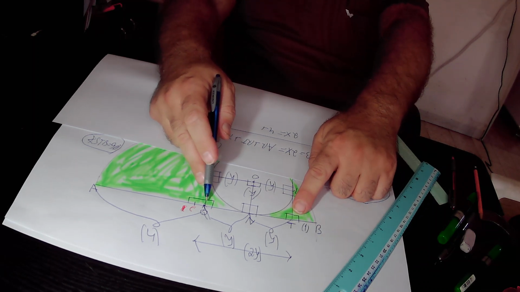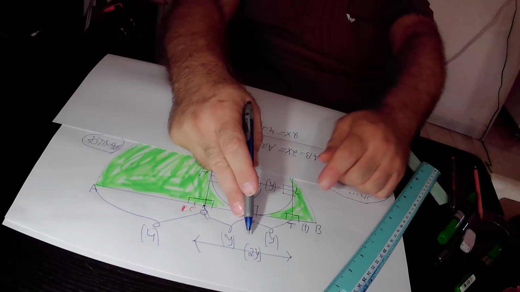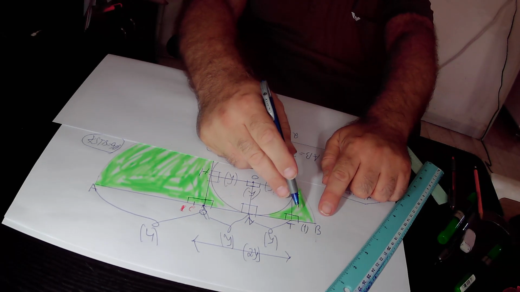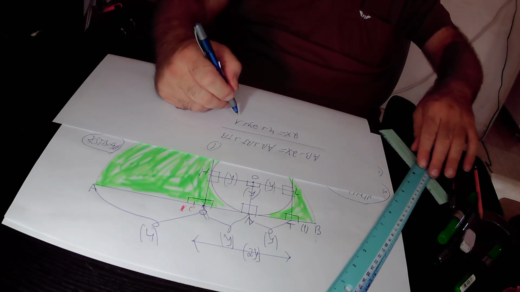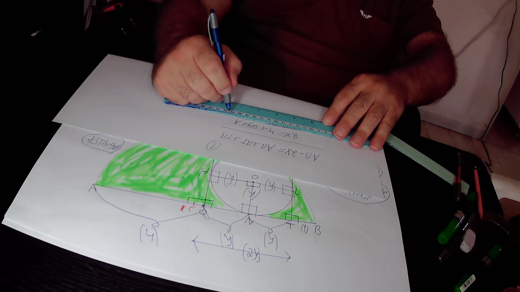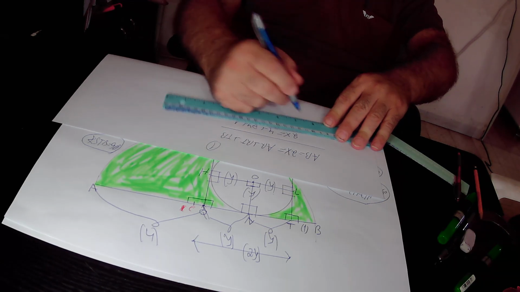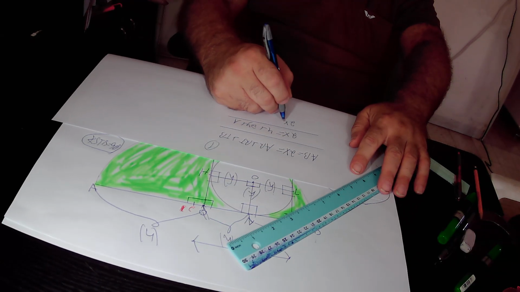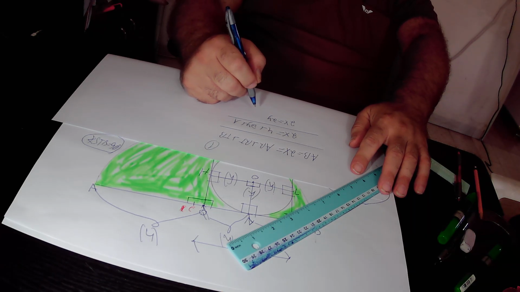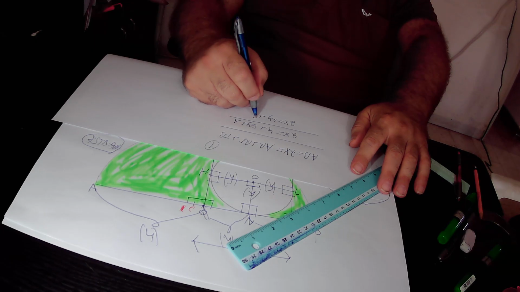We just found out that QT equals 2y units in its length, plus TB. TB equals 1 unit in its length. So in total, we found out that 2x equals 4 plus 2y plus 1. So 2x equals 2y and 4 plus 1 is 5. So 2x in total equals 2y plus 5.